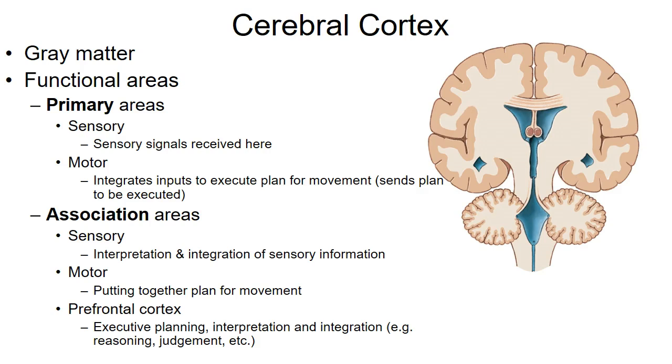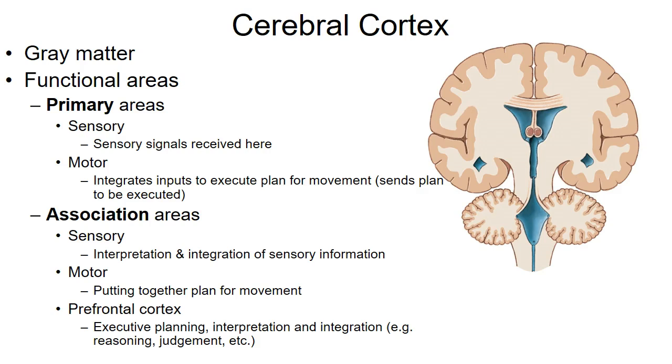Now the plan gets relayed to the primary motor area to be sent out. So in order to walk upstairs, you have to know where you're at, where your right leg and left leg are, how much to raise your leg, how much pressure to put on to raise your body, and all this information. That takes a lot of planning and organization.